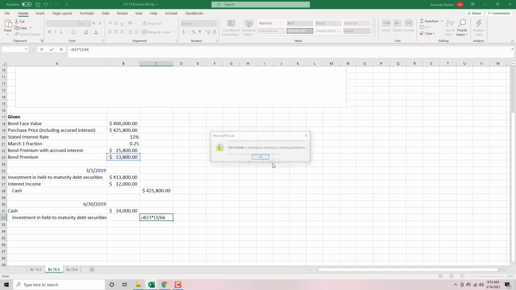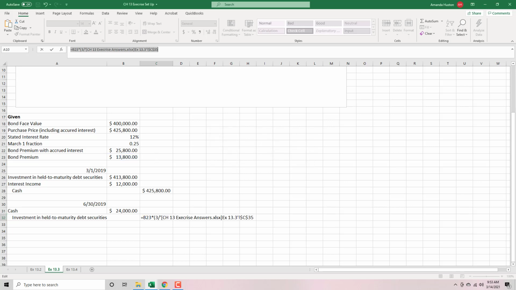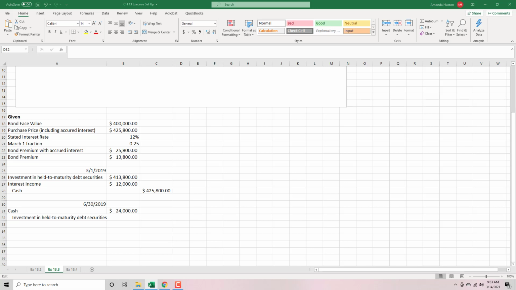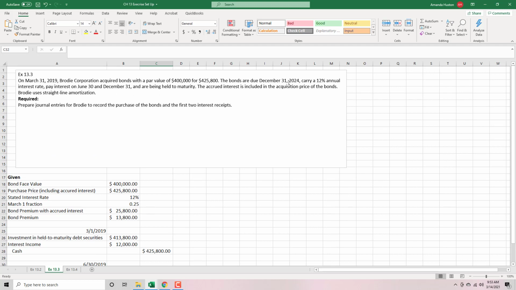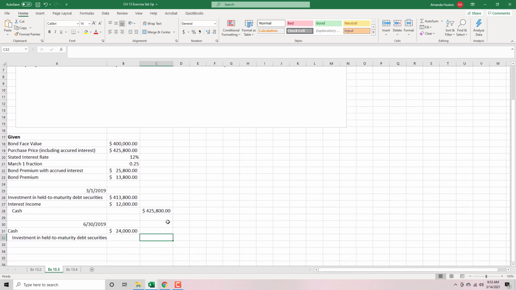So it's the bond premium times 3 periods that we have it divided by 69 total periods, so $600. And then we are going to credit interest income for the difference. So 24,000 minus the 600 premium that was included in that. And then we get 23,400 in interest income.